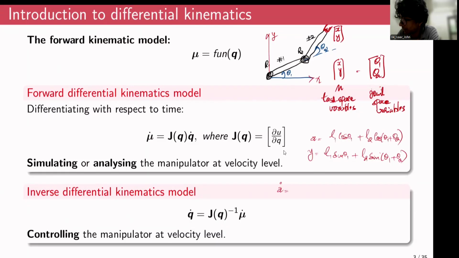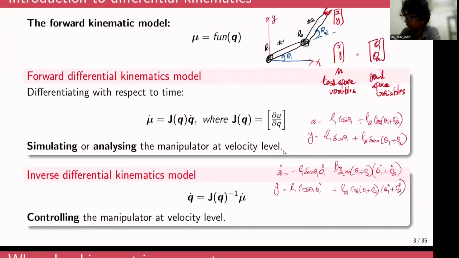x dot would be minus L1 sine theta1 times theta1 dot, minus L2 sine(theta1 plus theta2) times (theta1 dot plus theta2 dot). Then for y dot, you will have L1 cos theta1 times theta1 dot plus L2 cos(theta1 plus theta2) times (theta1 dot plus theta2 dot).